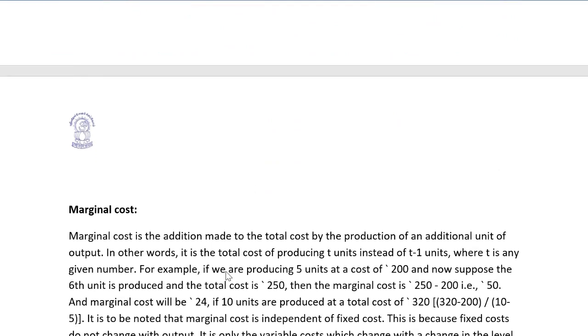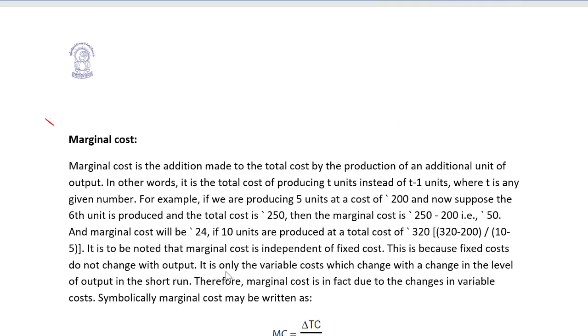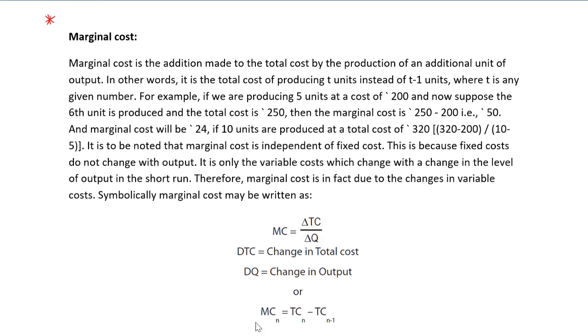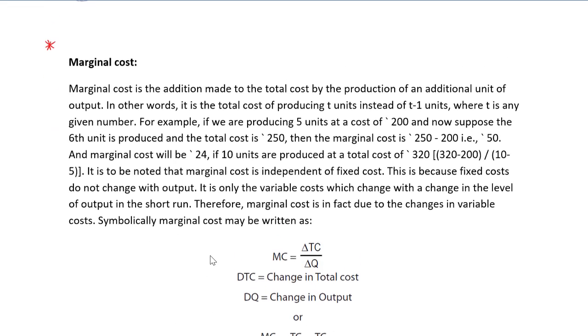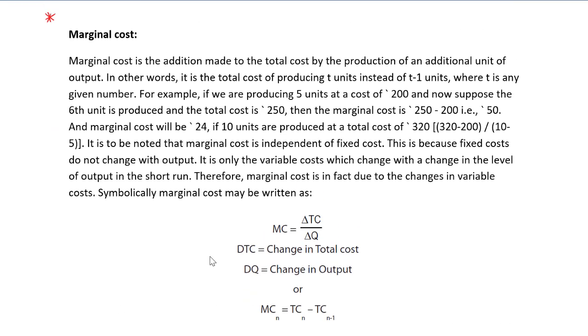Let us continue now. The next concept is marginal cost, that is, change in total cost. Marginal cost is the addition made to the total cost by the production of one additional unit of output.